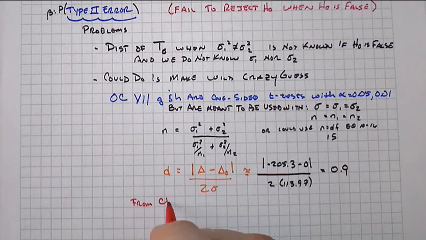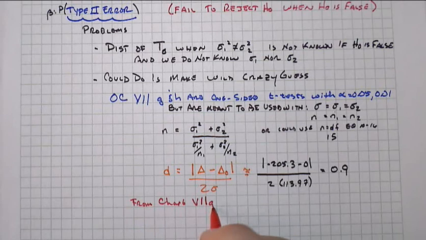And that's from chart 7G. That beta is approximately 0.04.